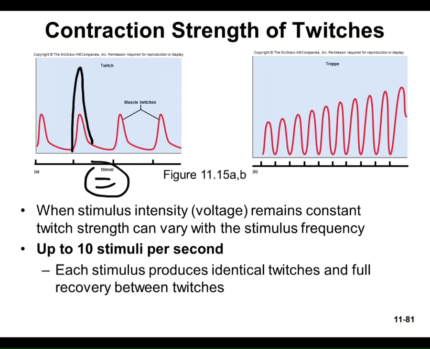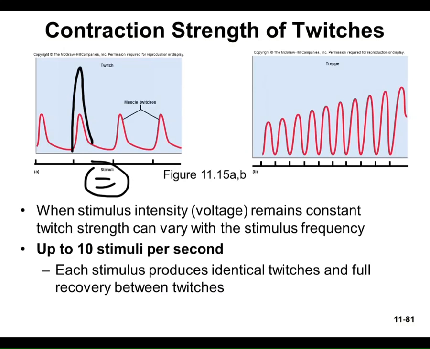But look what happens too. What if I am sending the same signal, but I'm doing it up to 10 times per second? Now this is amazing when you start thinking about this. If I'm sending an electrical signal 10 times per second, that's a lot of little signals, right?